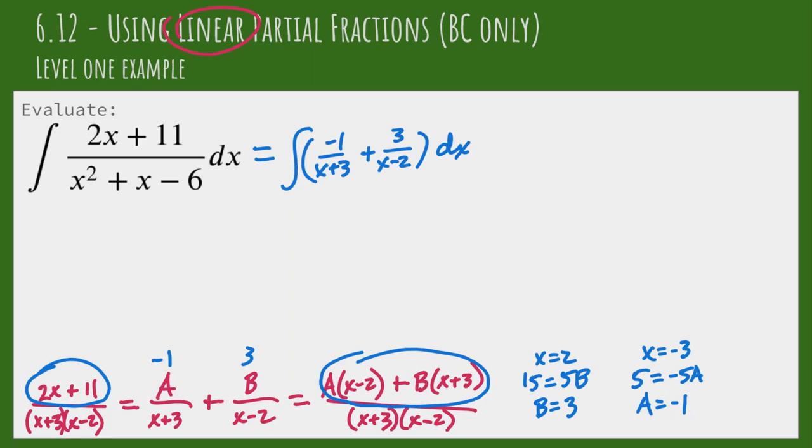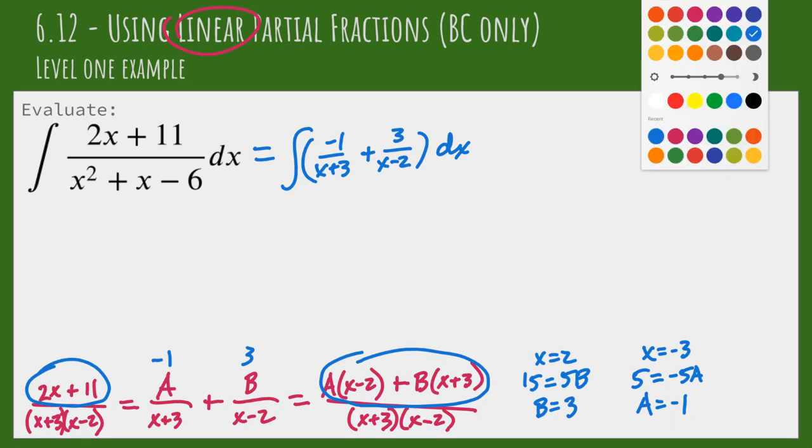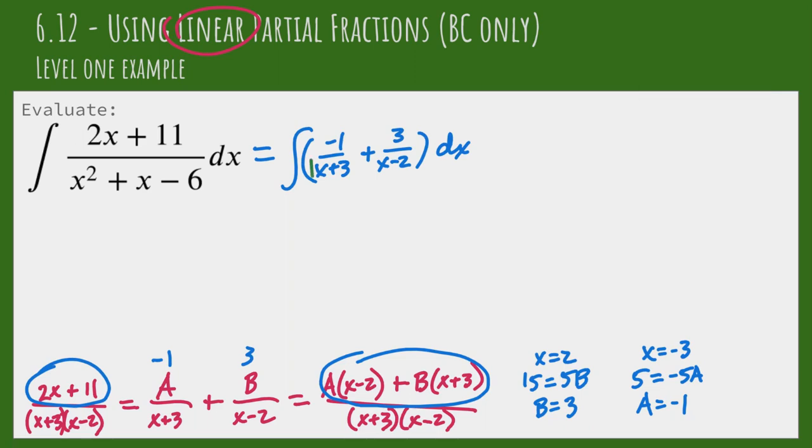And now we have this in a form that we can actually take the antiderivative of. With the coefficients being 1 in the denominator, it's pretty easy to do this without using substitution, but we can choose u equals x plus 3. So du equals dx, and we can make a substitution and end up with a natural log.